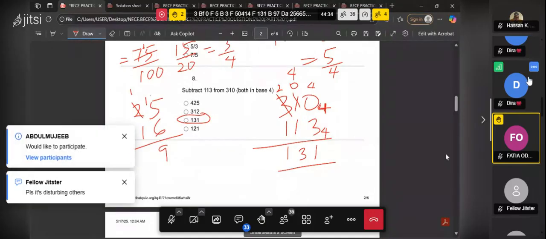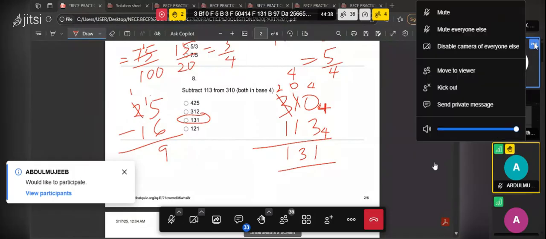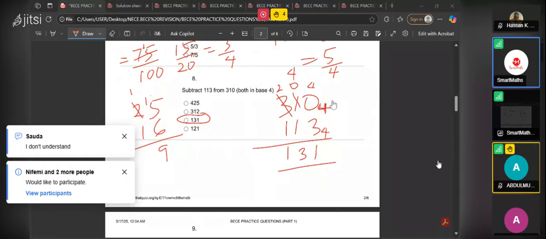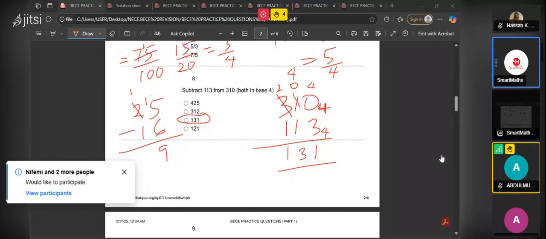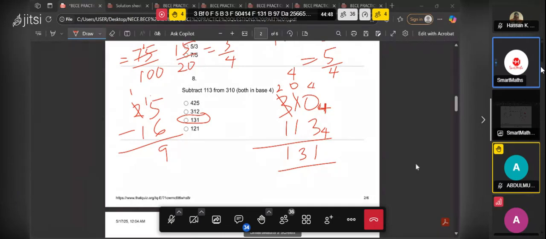Please mute them. Someone said I should re-explain, which is removing numbers. Hello, Peter, I can see. Nifemi, raise your hand and ask a question. You're allowed to talk now.